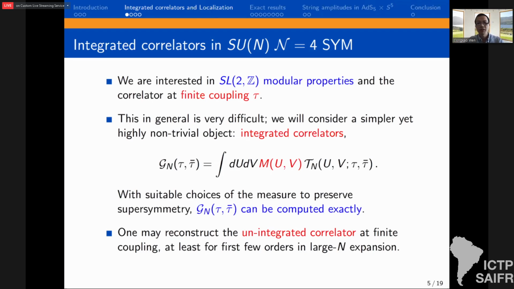The definition is very simple: you take the correlator and integrate it over spacetime, here now in terms of the cross ratios, with a certain measure. With a suitable choice of the measure, which I will describe shortly, this integrated correlator can be computed exactly. Towards the end of the talk, I will also discuss how one may reconstruct the unintegrated correlator, at least for the first few orders in the large rank expansion.